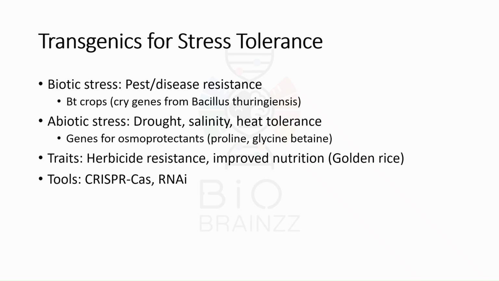Abiotic stress tolerance includes resistance to drought, salinity, and extreme temperatures, often achieved by introducing genes responsible for osmoprotectants like proline and glycine betaine. Transgenic plants may also exhibit traits such as herbicide resistance and enhanced nutritional value, as seen in golden rice. Advanced tools like CRISPR-Cas and RNA interference are now widely used for precise gene editing and regulation.